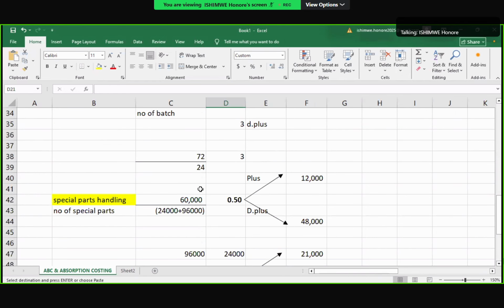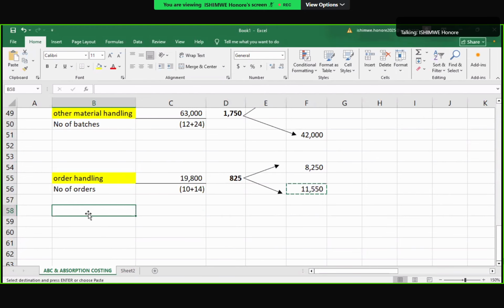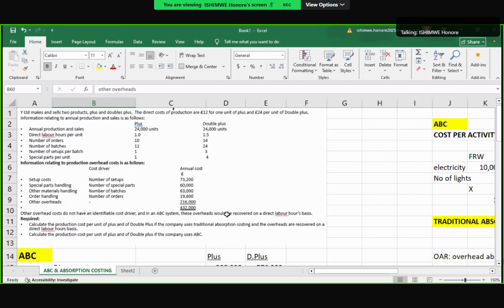Other overheads. Look at the question. Other overheads, we don't have a cost driver for them. But we have additional information here.